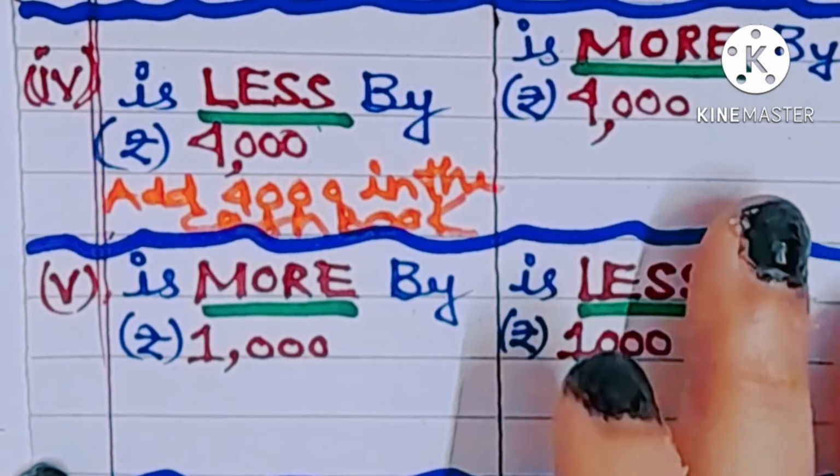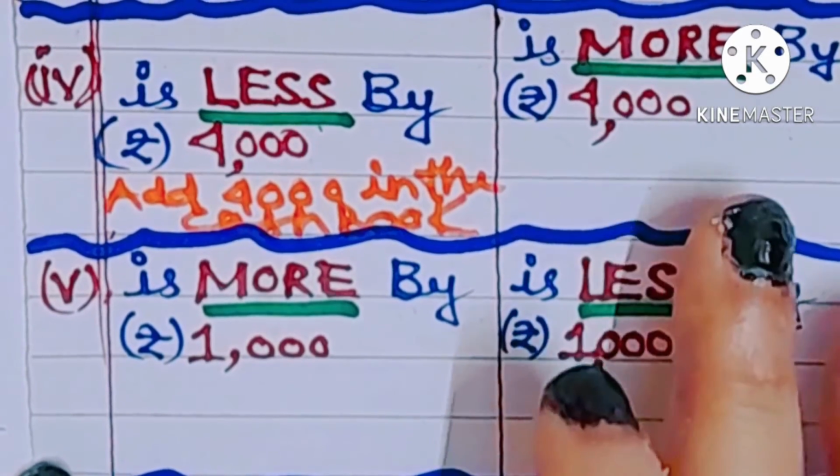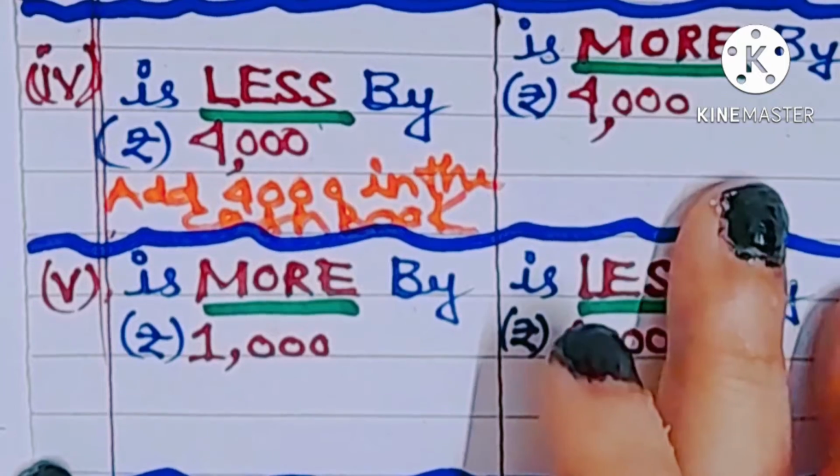Understood? So let's add 4,000 in the bank reconciliation statement.